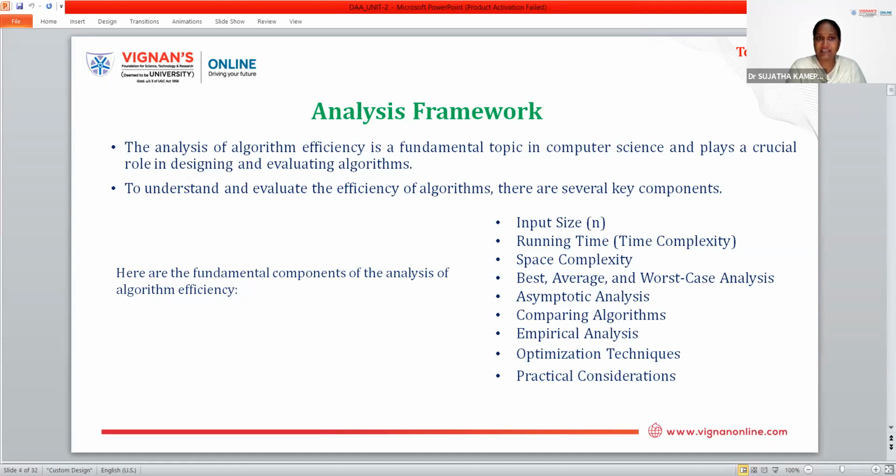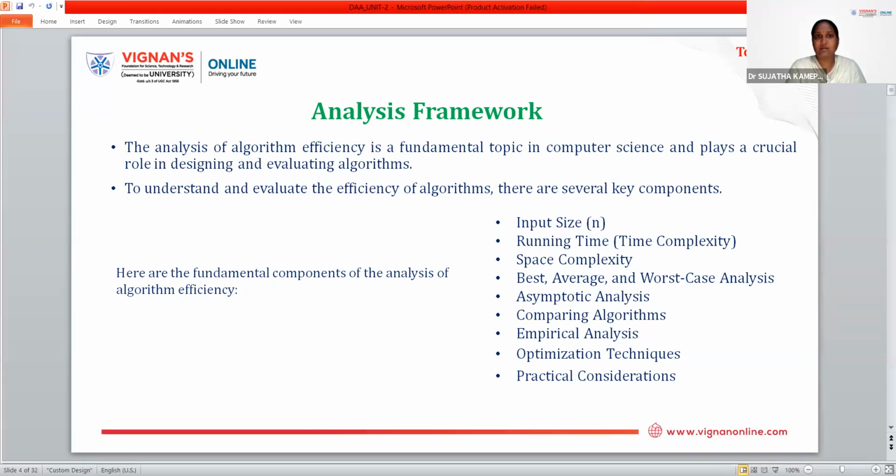Coming to the running time, which is also called time complexity. This is a measure of how long an algorithm takes to execute as a function of its input size. The goal of time complexity is to express the running time in terms of a mathematical function.